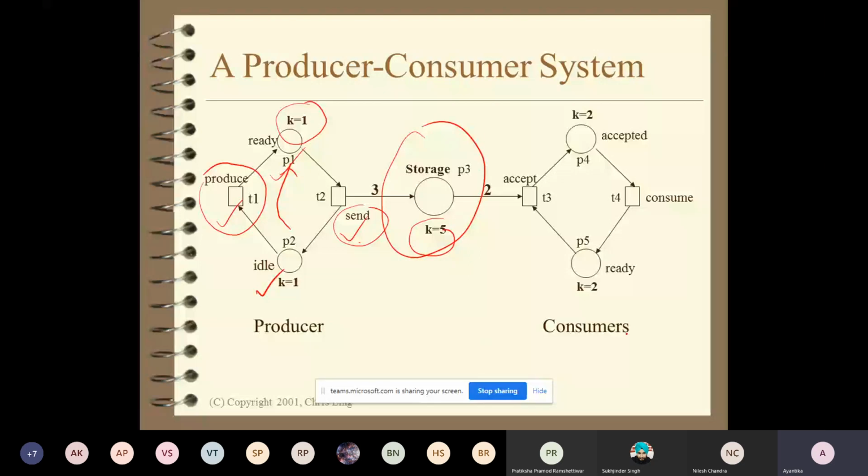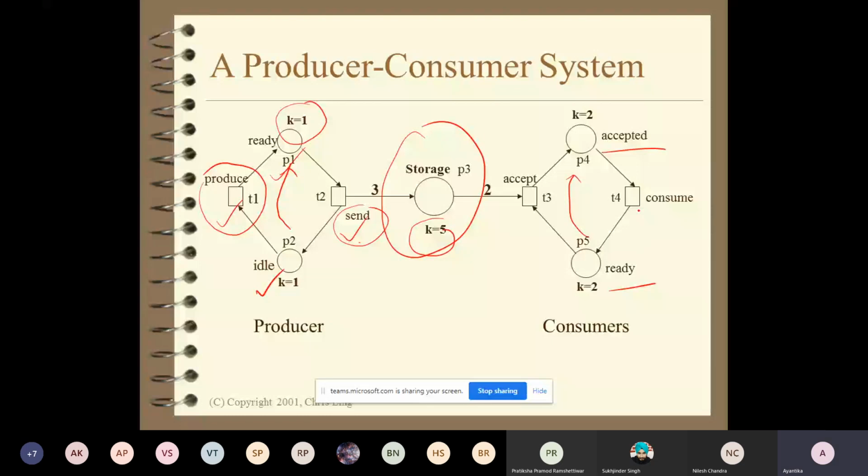Then I'm coming to the consumer part. You have the states ready and accepted. When you apply the accept event on ready, you move from ready to the accepted state. And then it is consuming.